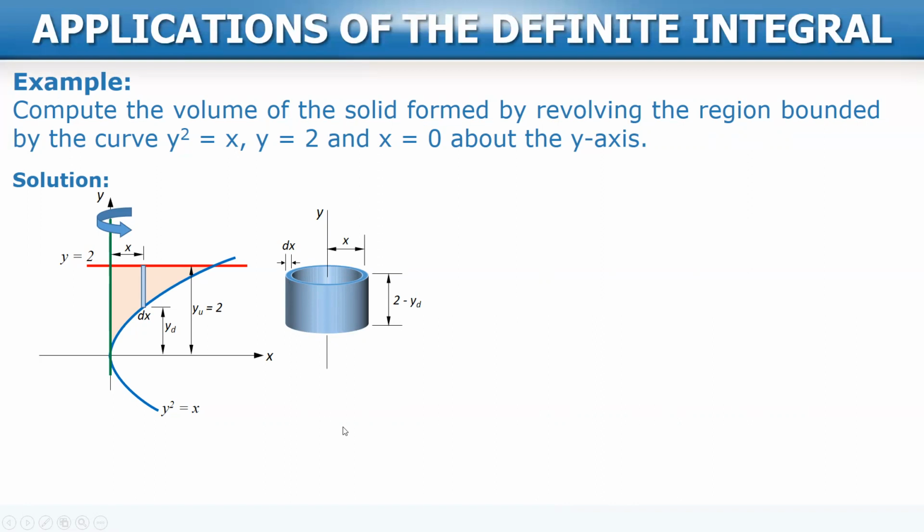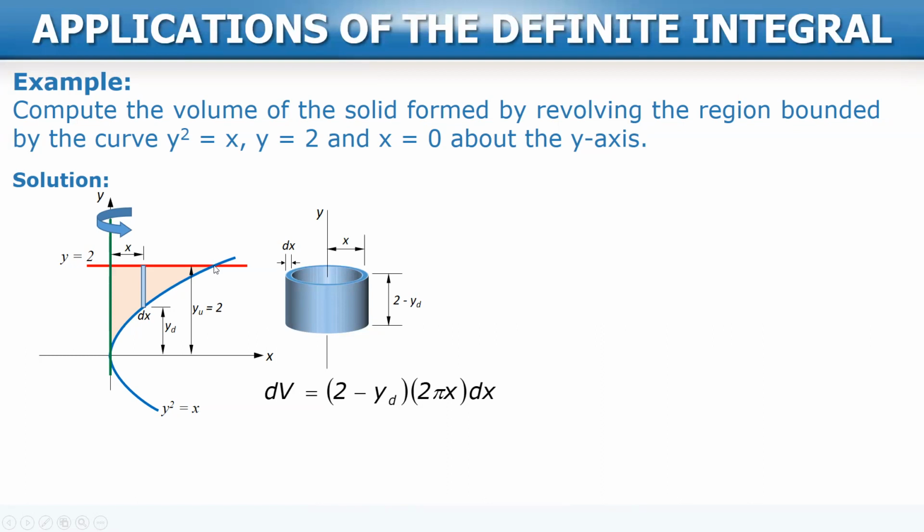So our differential volume is height of strip times circumference times dx. So our limits are values of x, from x equal to 0 to this one x.